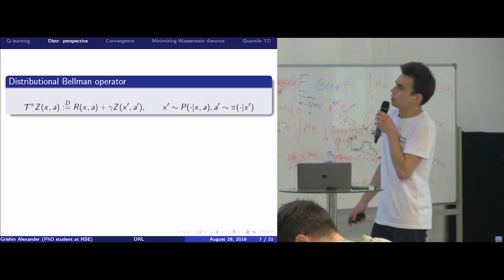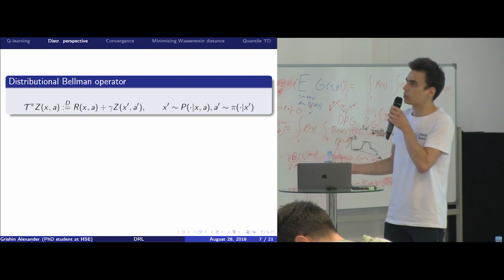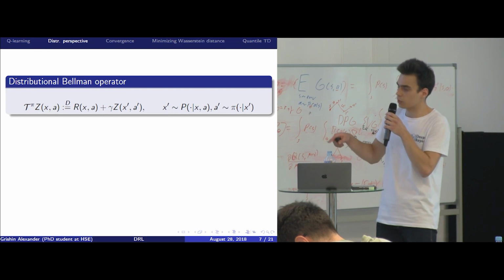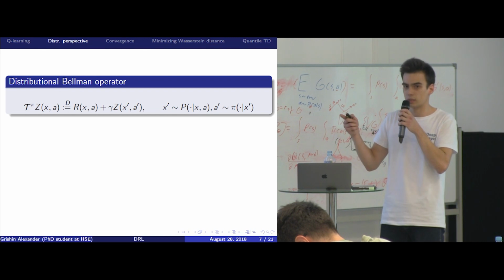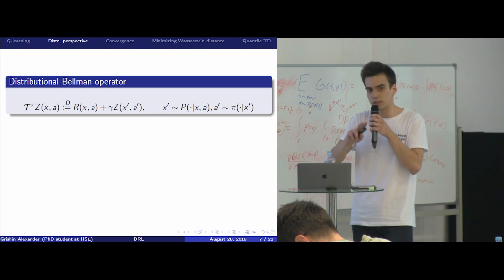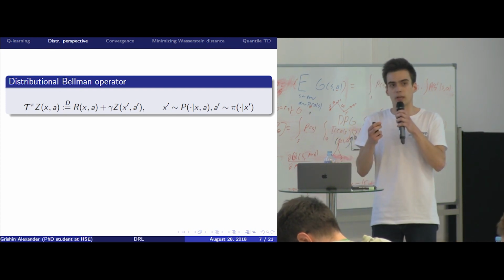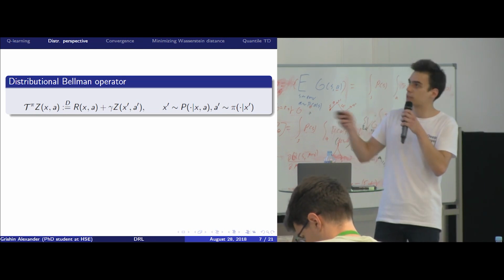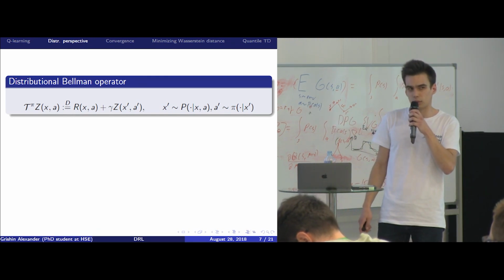This operator is designed in a way to consider only the intrinsic randomness from the MDP, which comes from the probability transition map and the reward function. So it is not designed to estimate the uncertainty which comes from maybe not so good parameterization or not so good estimation of that. Is it clear or not?